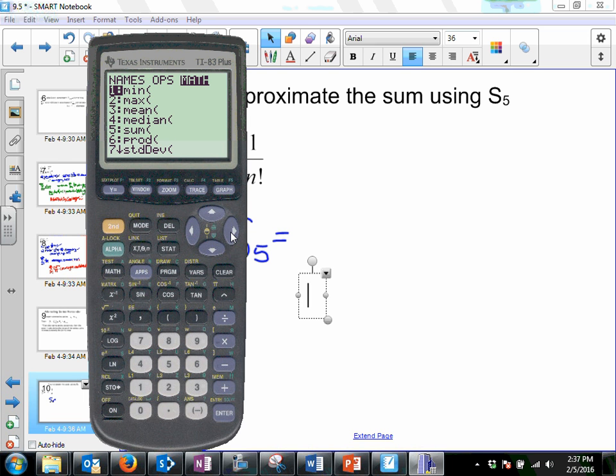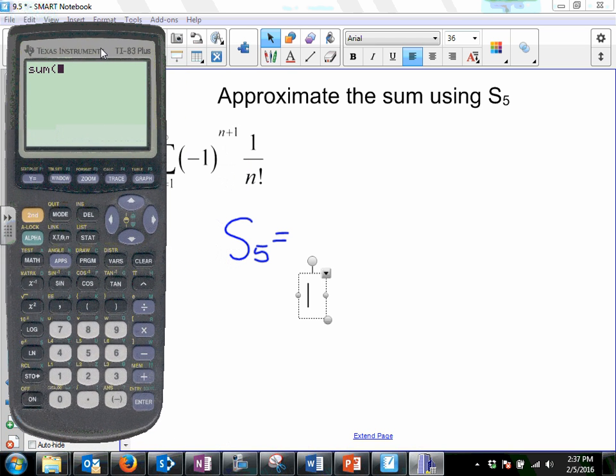Here's the sum. Is it just x or is it x plus 1? It's just n. And then second stat under operations is the sequence. We would write in -1 raised to the n plus 1 power divided by n factorial.